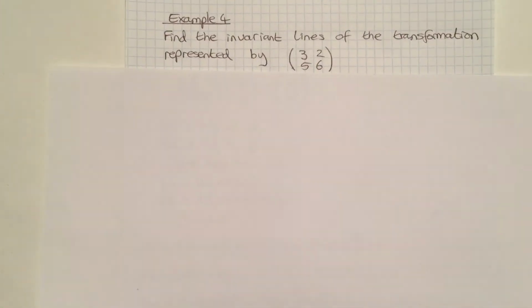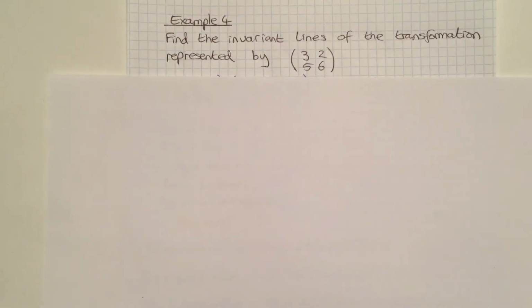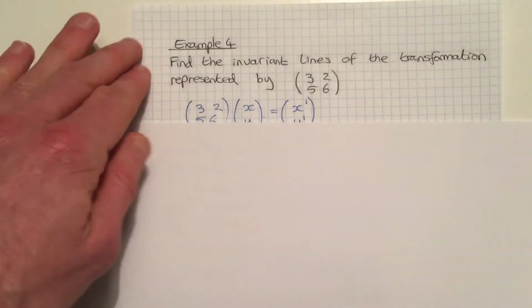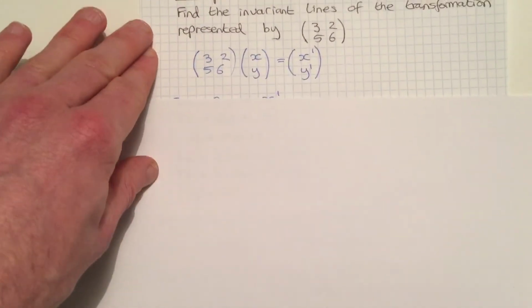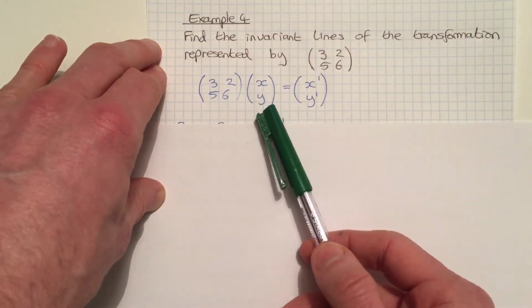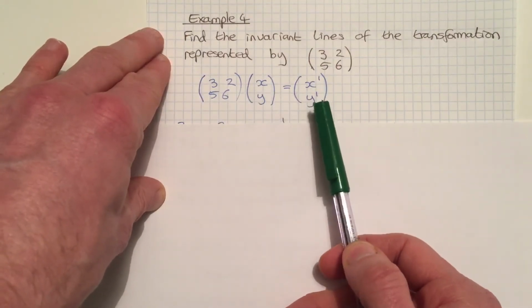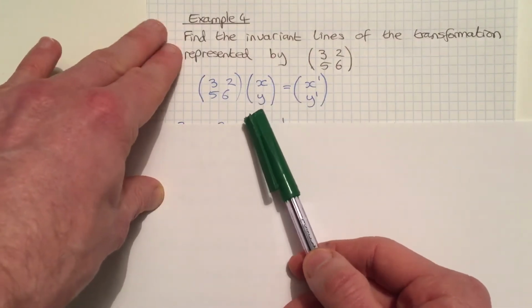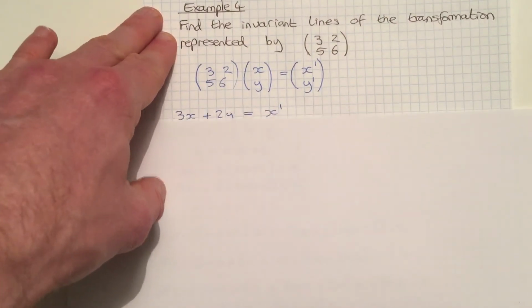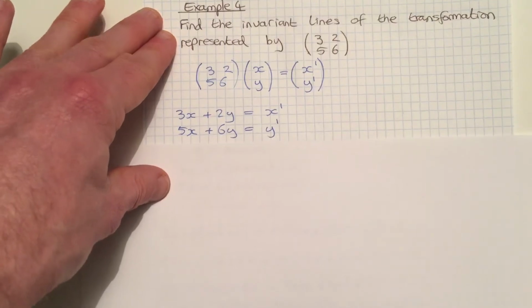Right, this is going to be quite long, so pay attention. Right, we're going to start off with that equation. So we've got the matrix (3, 2, 5, 6) times (x, y) equals (x', y'). The points x and y are being mapped to the points x' and y'. Multiplying that out gives me this.